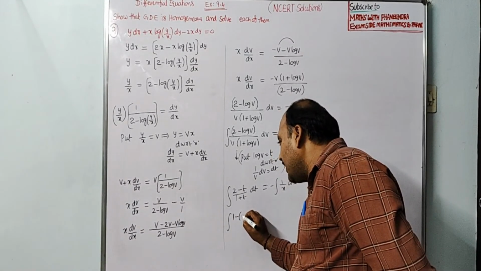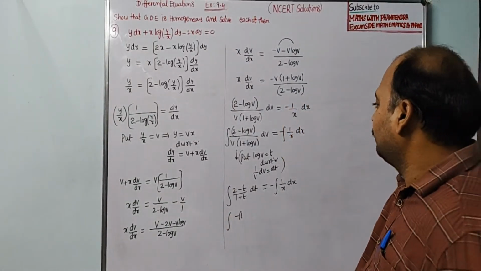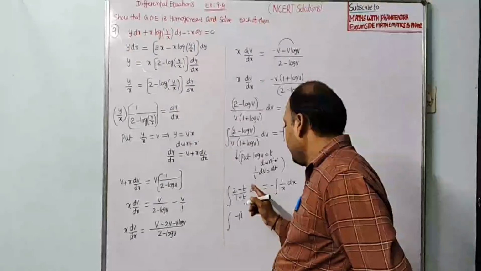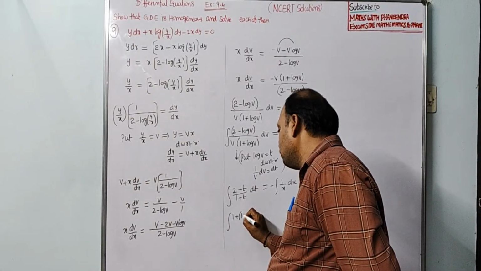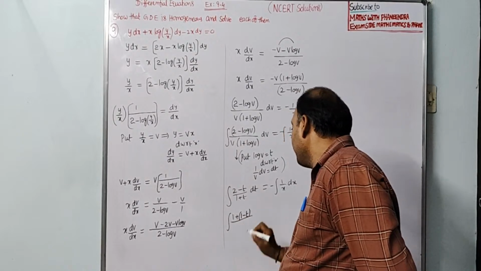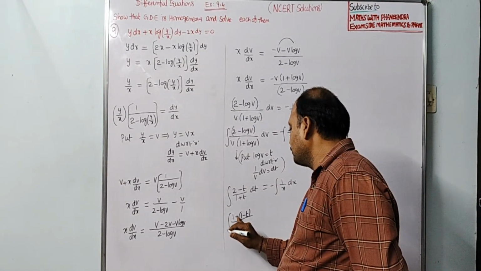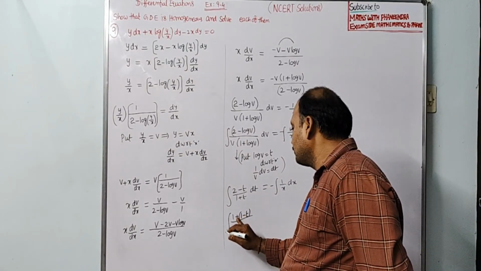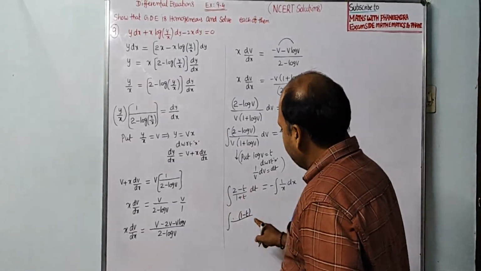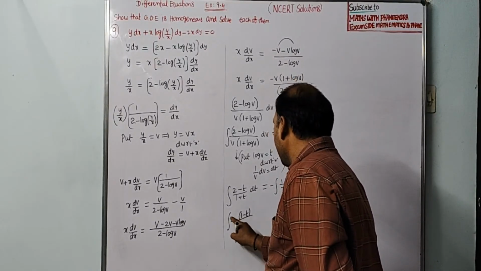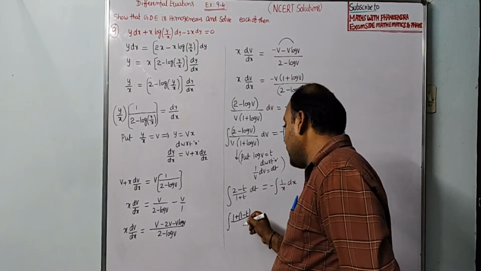Here I want 2 minus t in terms of the numerator.